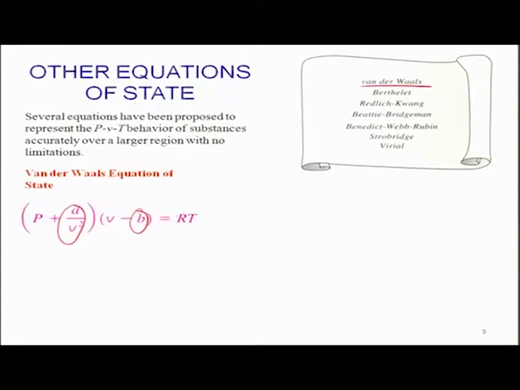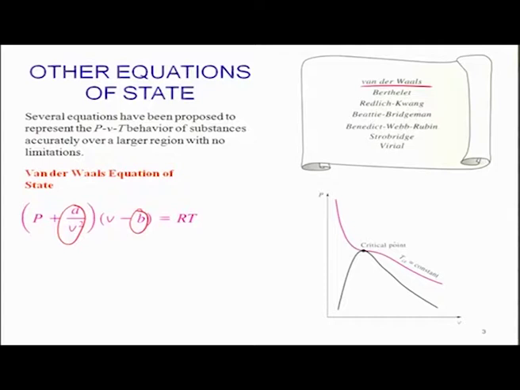Now, in order to obtain the parameters A and B for different fluids, one can consider the PV plot, and we know that the critical point is represented by an inflection point.